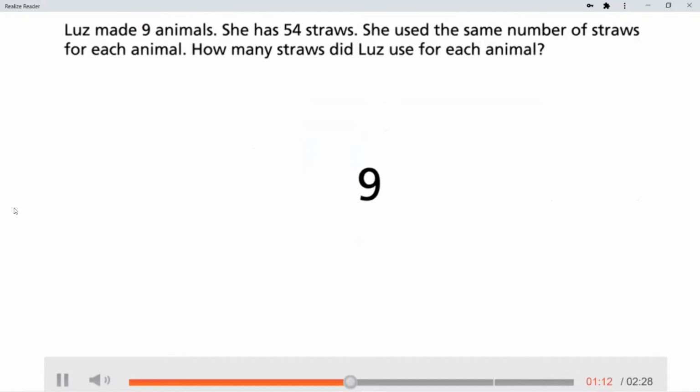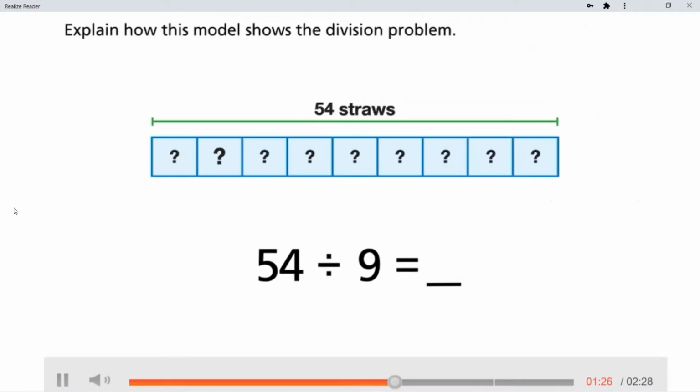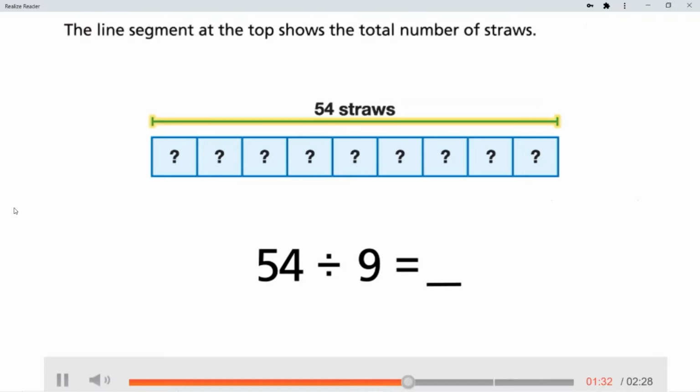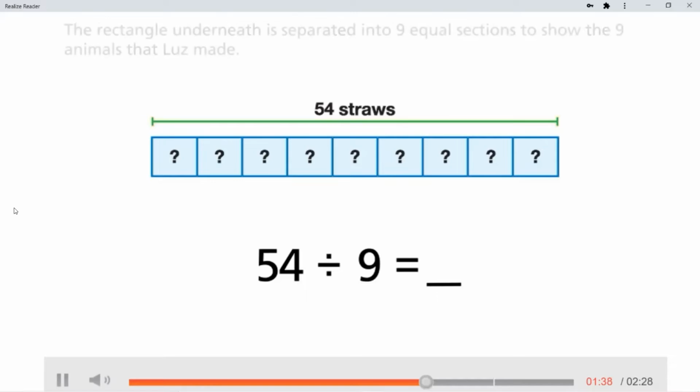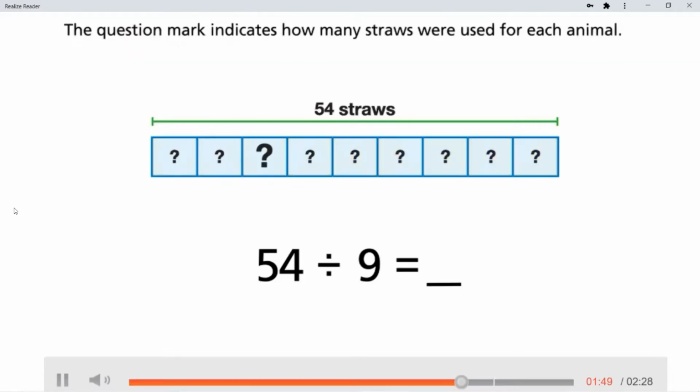Luz made 9 animals. She has 54 straws. She used the same number of straws for each animal. How many straws did Luz use for each animal? Explain how this model shows the division problem. The line segment at the top shows the total number of straws. The rectangle underneath is separated into 9 equal sections to show the 9 animals that Luz made. The question mark indicates how many straws were used for each animal.